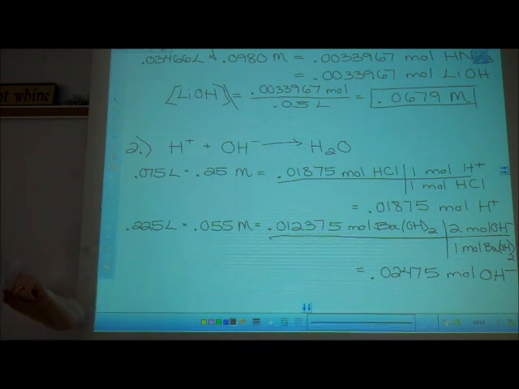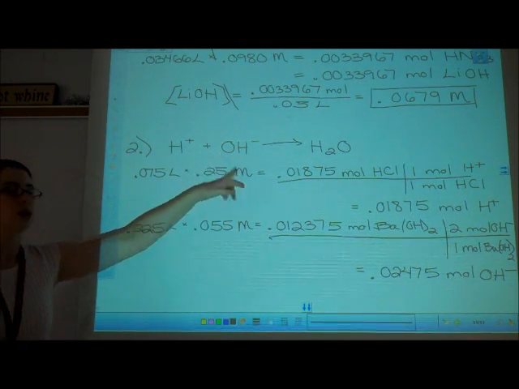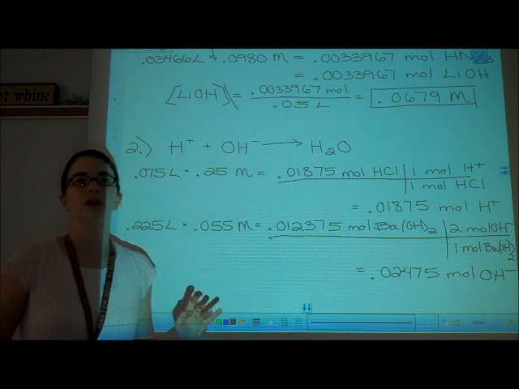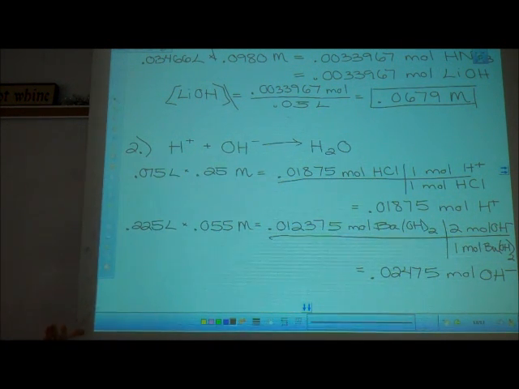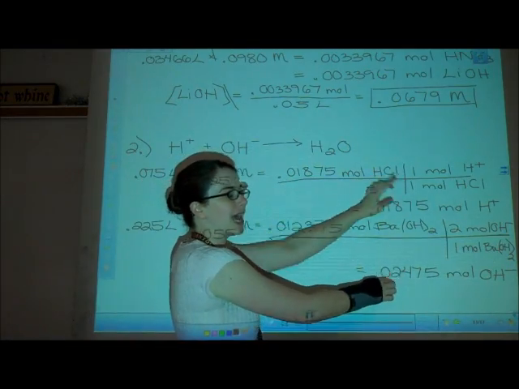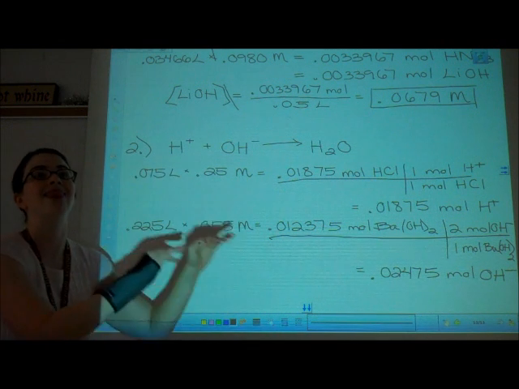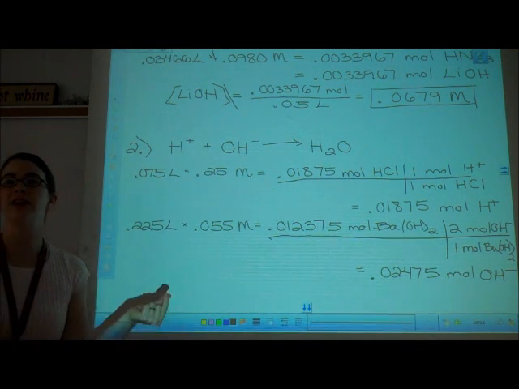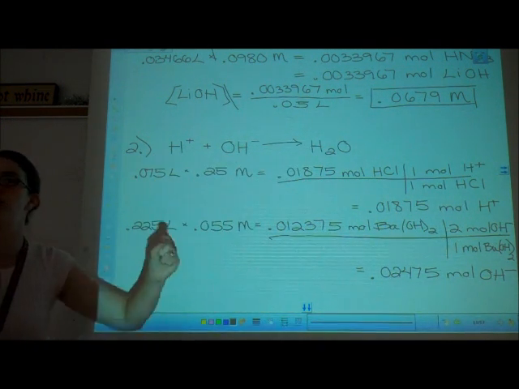If they were not, if there was like a 3 coefficient and a 4 there, you can't just look at them like that. Usually what you have to do in a limiting reactant problem is turn each reactant into some amount of product and then figure it out. The only reason I don't have to do that in this problem is because everything's 1-to-1-to-1.